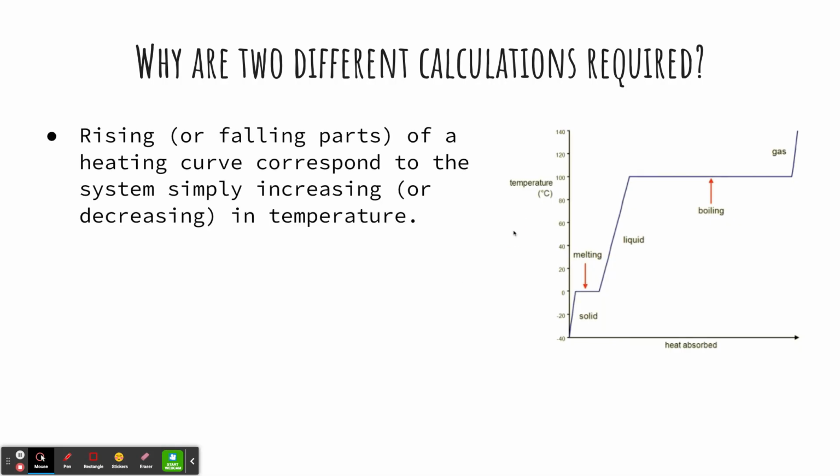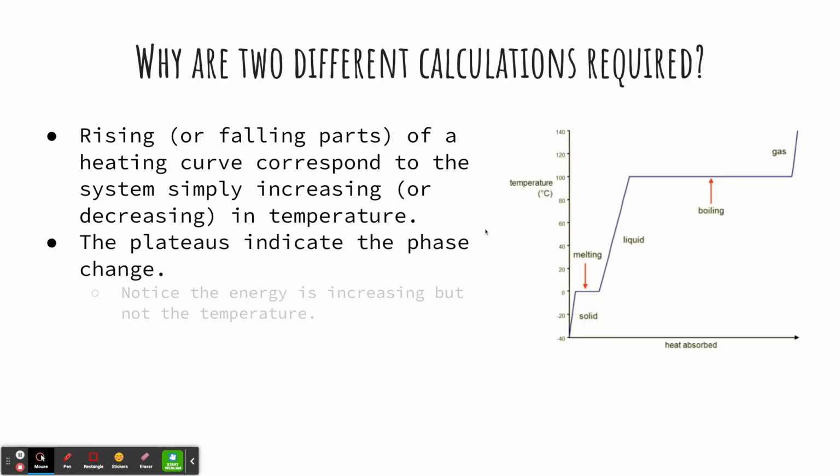Now, why do we need two different calculations in the first place? Well, as we just got done saying, the rising or falling parts of the heating curve correspond to the system simply increasing in temperature. So that's very simple. That's why we use Q equals MC delta T. Now, at the plateaus, that's indicating the actual phase change. Notice that the energy is increasing, right?